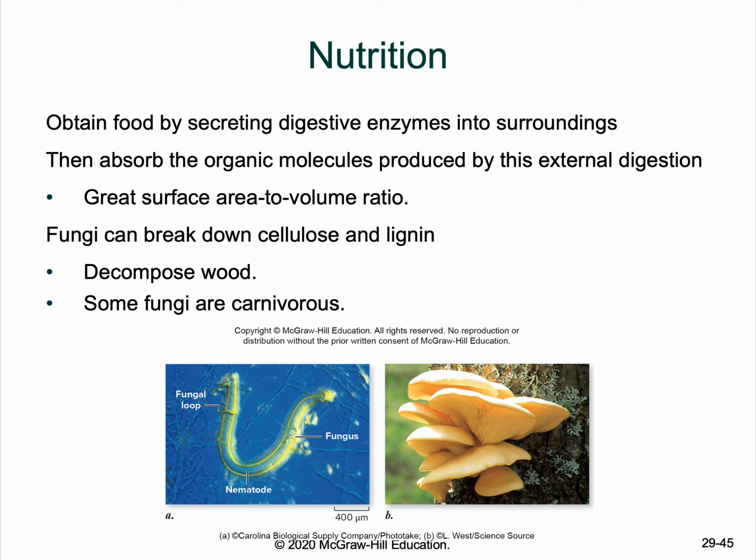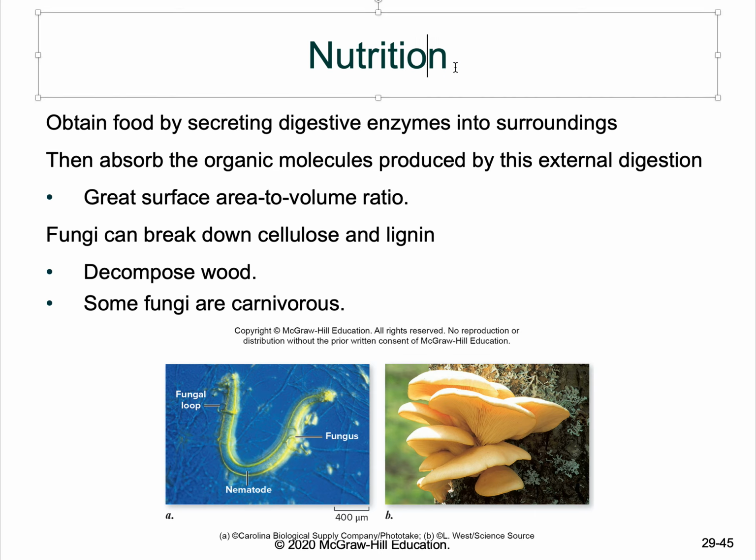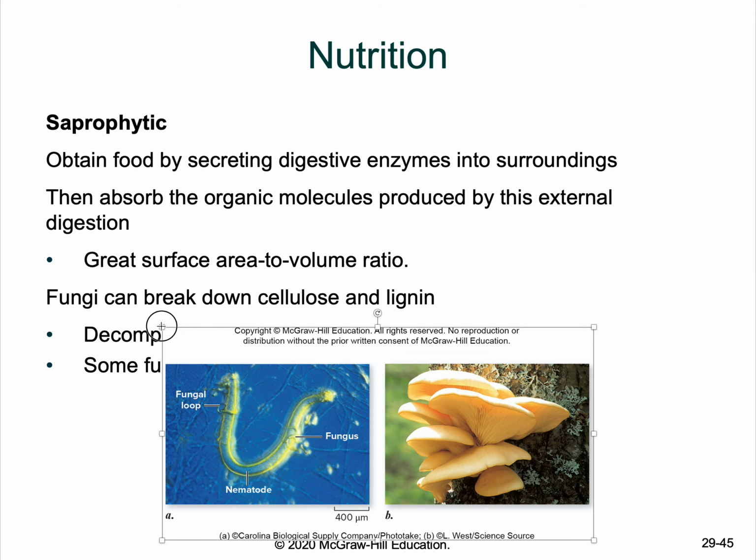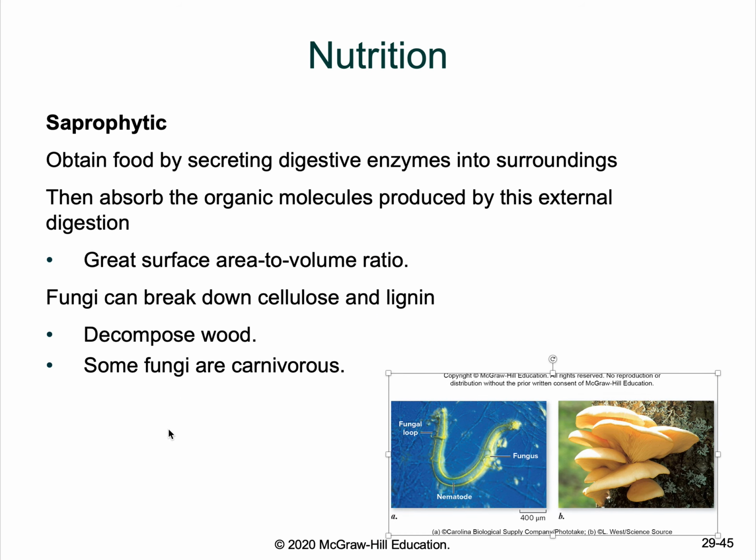How do they eat, right? How do they get their food? And so they are what we call saprophytic, which is not on here, but let's go ahead and add it. Saprophytic. See if we can move this around. That'll work. So they're saprophytic, which means that they obtain their food by secreting digestive enzymes. They absorb the organic molecules produced by this external digestion.